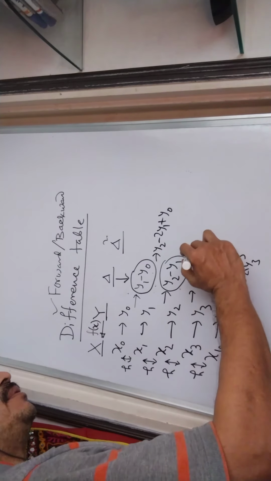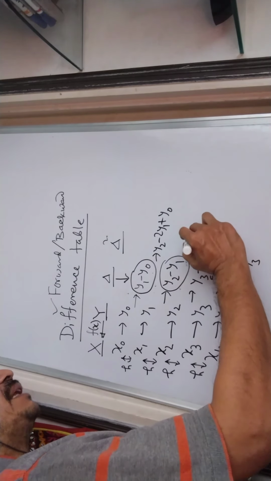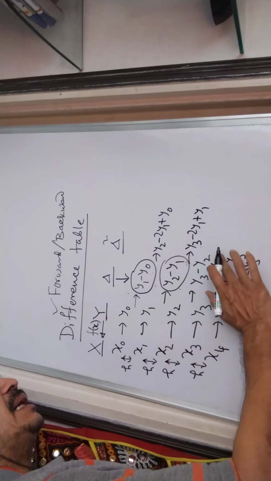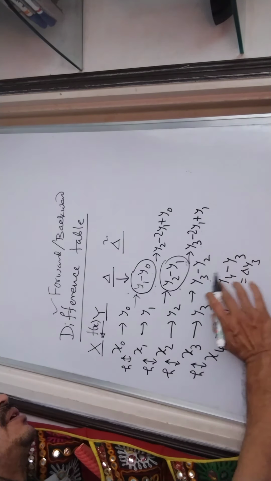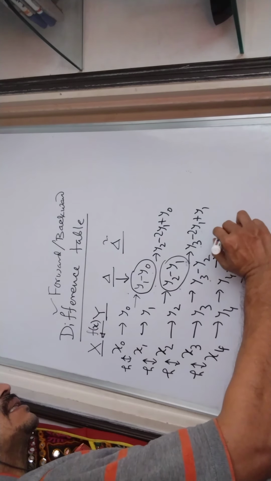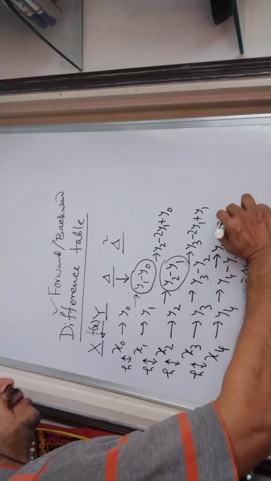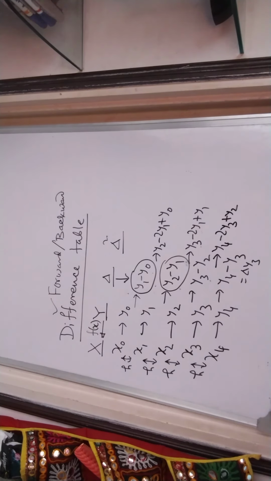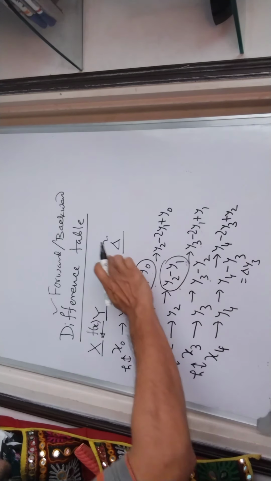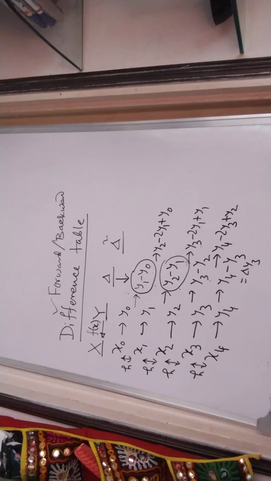Similarly, we have here y3 minus 2y2 plus y1. Here we have this minus this, so y4 minus 2y3 plus y2. So this is as far as the difference of first difference is concerned, that is denoted as the second difference.